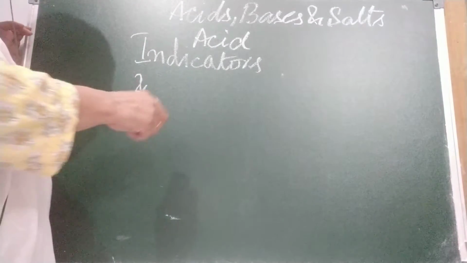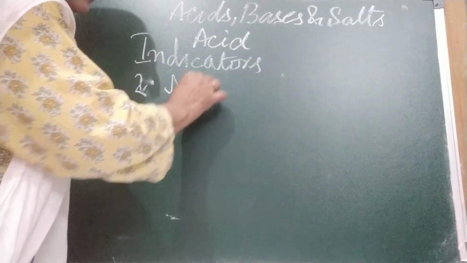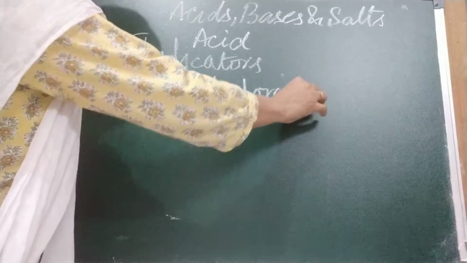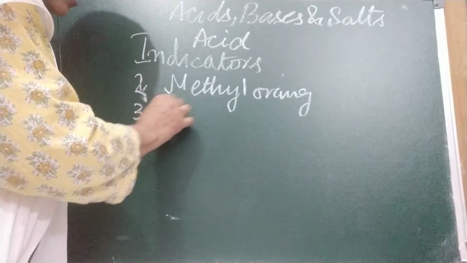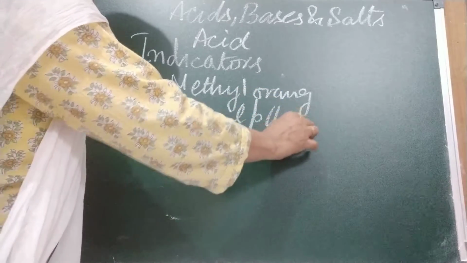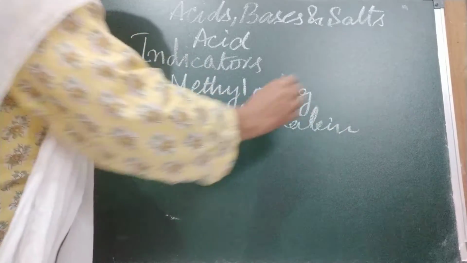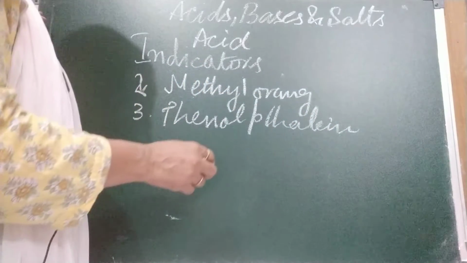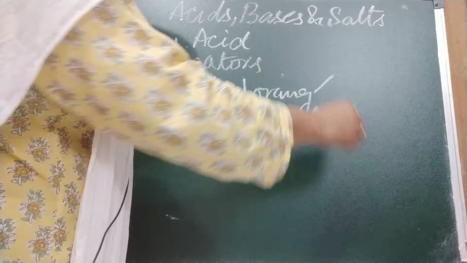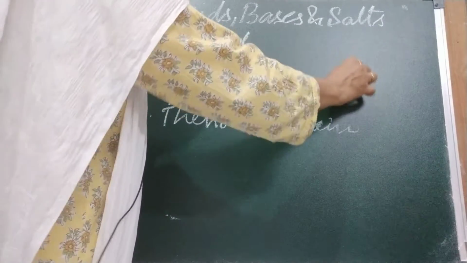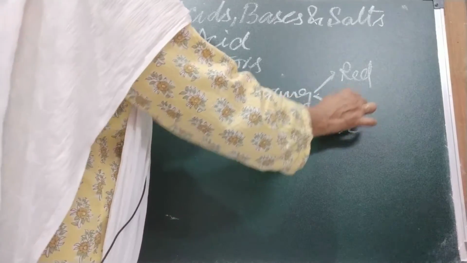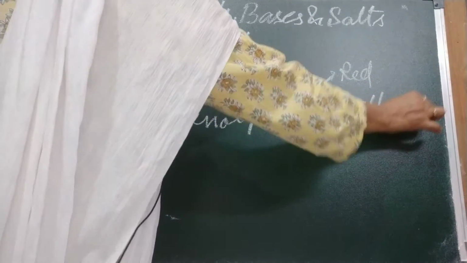To find out whether substances are acidic or basic, we use other indicators like methyl orange and phenolphthalein. They change their color with acids and bases. Methyl orange turns red in acidic solution and pale yellow in basic solution.